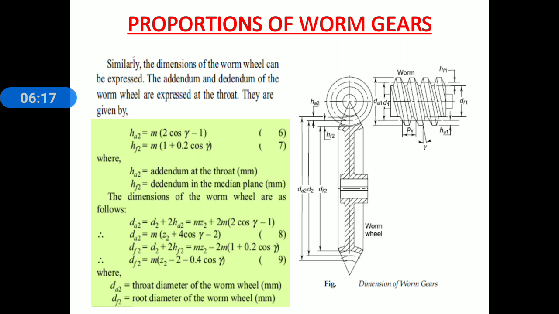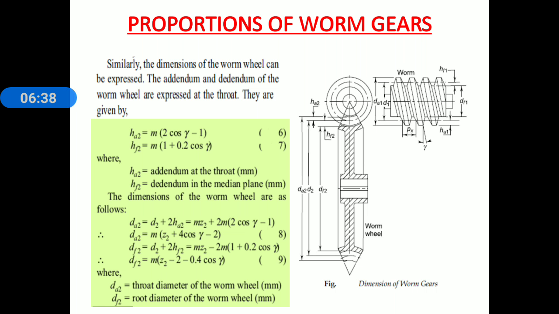Consider equation number 6. Dedendum HF2 is equal to m into bracket 1 plus 0.2 cos gamma, bracket complete. Consider equation number 7, where HA2 is addendum at the throat in millimeter, HF2 is dedendum in the median plane in millimeter.